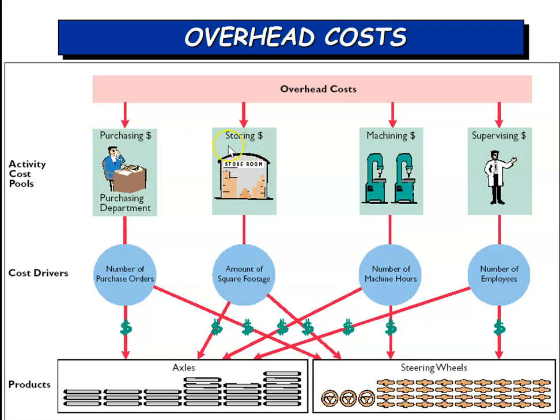purchasing dollars, storage dollars, machining dollars, and supervision dollars by way of salary are accumulated by the following cost drivers: number of purchase orders for materials, and you see the little arrow here going down to both axles and then another one over into steering wheels.